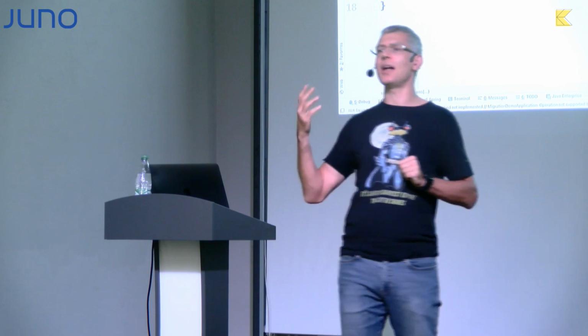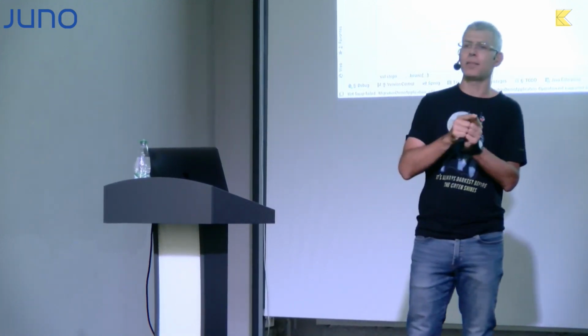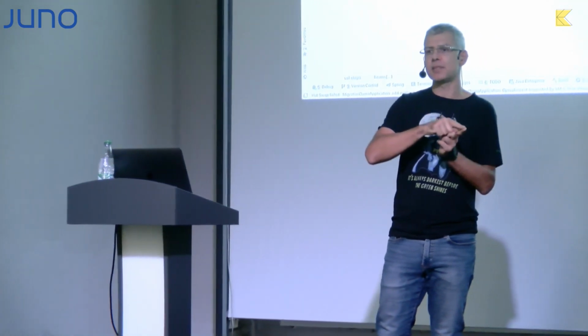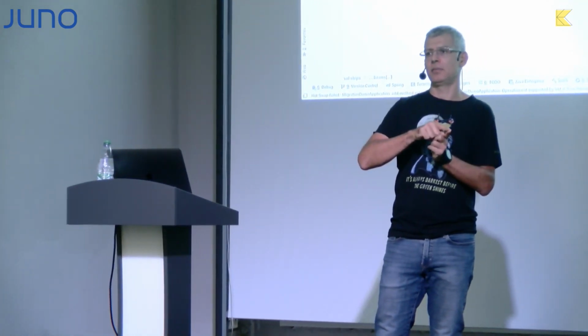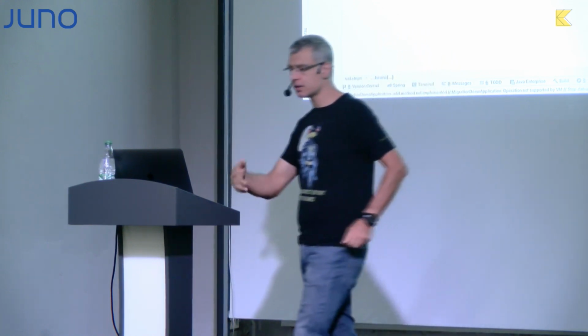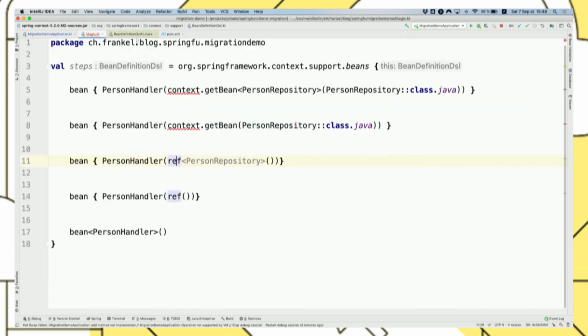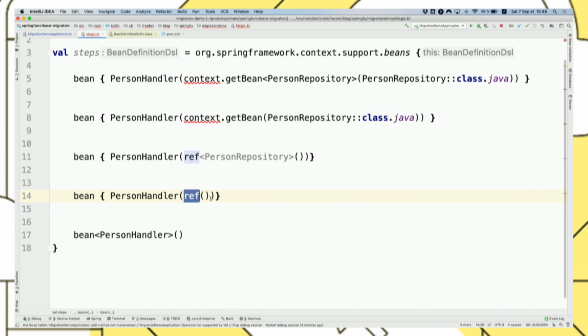So we can also tell if a function, and only if a function is inline, that the generic types are reified. They're not really reified, because again, it's not a function call, but we can pretend they are. And that's exactly the case here. It's an inline function, and the type is reified. So actually, at compile time, we can just write this, and it will work perfectly.